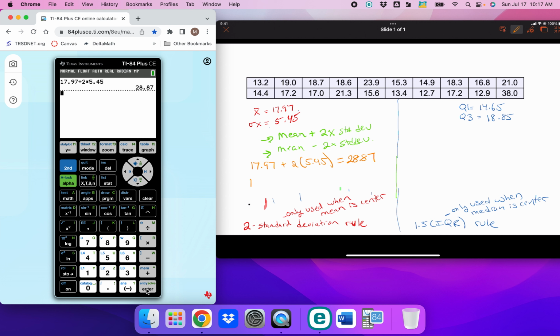Now I'm going to do 17.97 minus 2 times 5.45 and get what that number is. On my calculator, 17.97 minus 2 times 5.45 is 7.07.